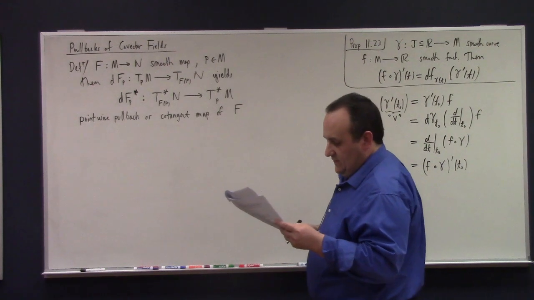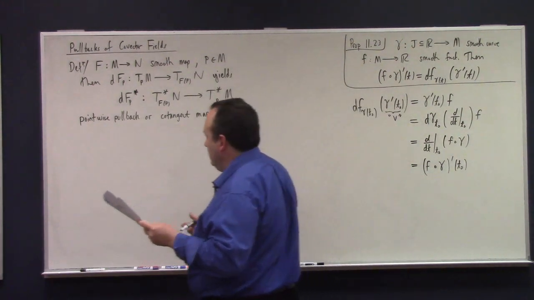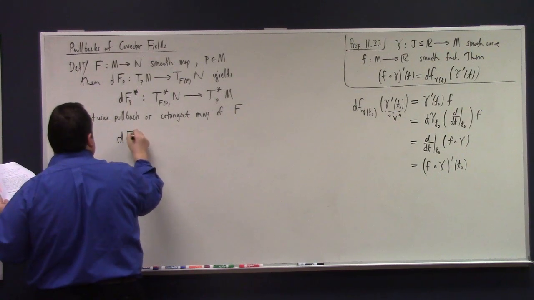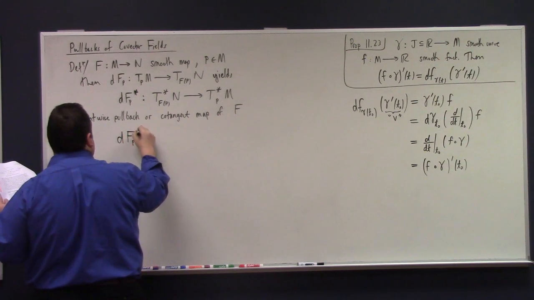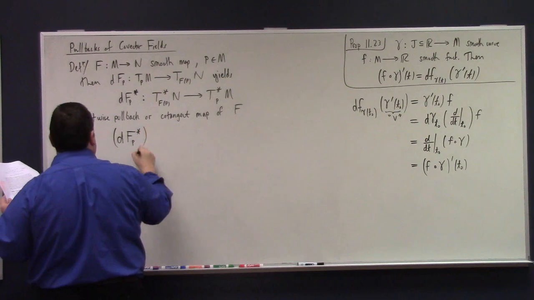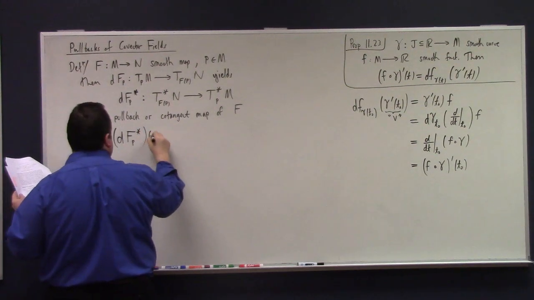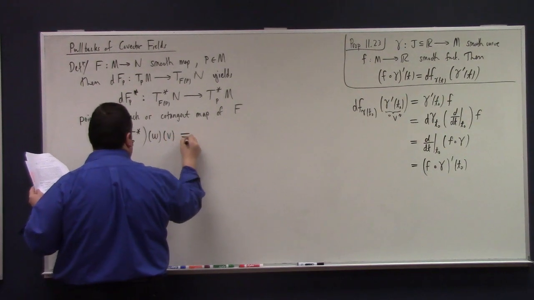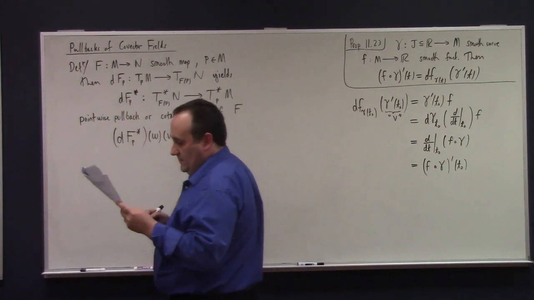Unraveling definitions, he says, we see that df_p is characterized how? So how does this work? Rather than just copying it from the book, I'm going to let you guys tell me what I have to write here.